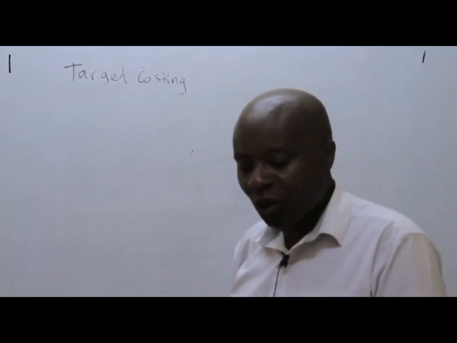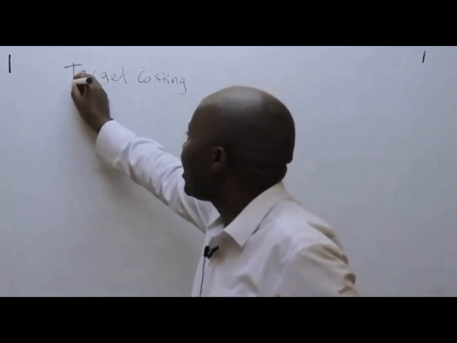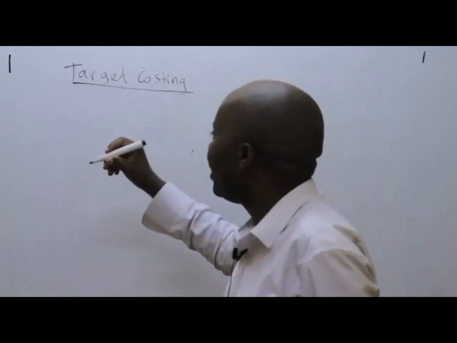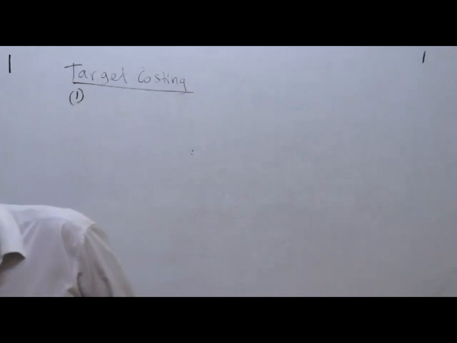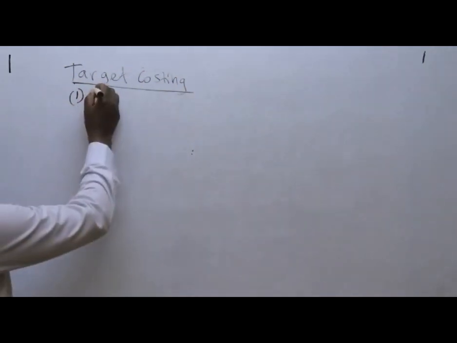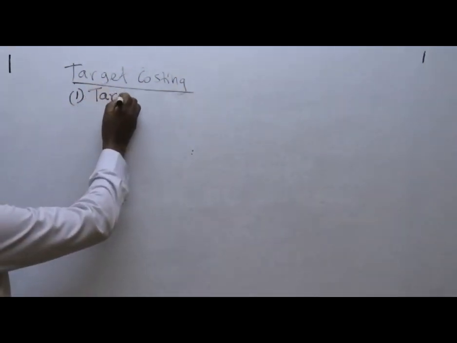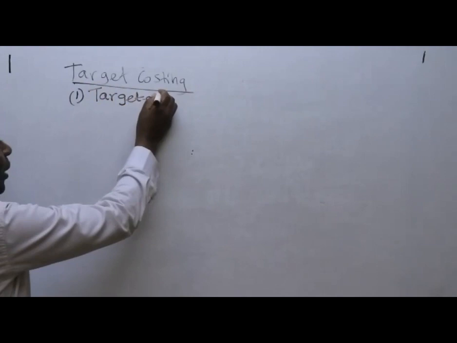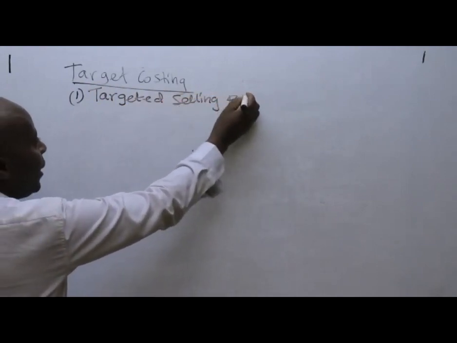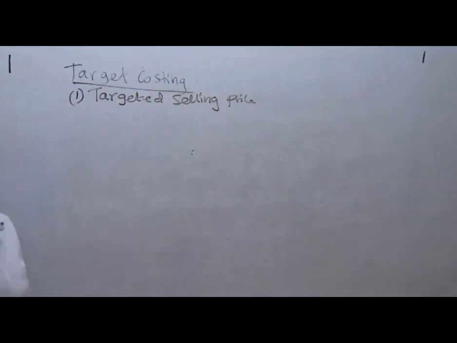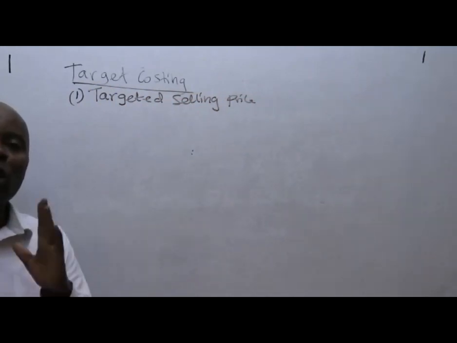Under target costing, step number one will be identification of the targeted selling price. You go to your competitors-to-be.